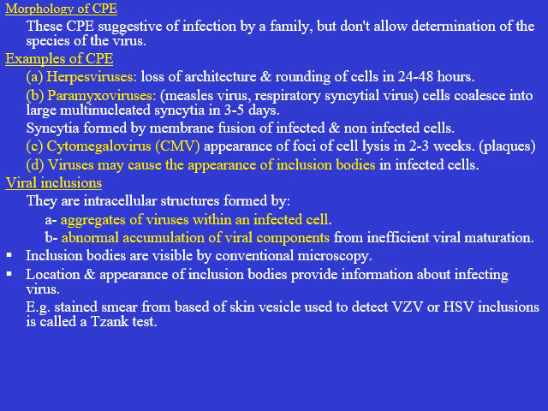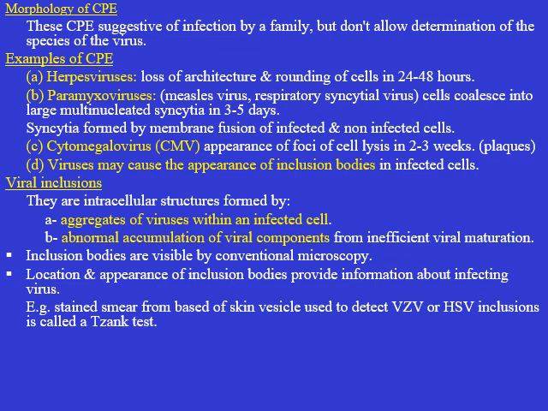A. Herpes viruses, herpesviridae family, all the herpesviridae family viruses cause cytopathic effect in the form of loss of architecture plus rounding of the cell, and this cytopathic effect will appear after 24 to 48 hours of the inoculation of the cell culture.